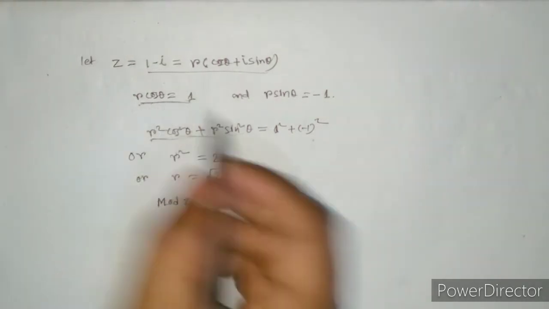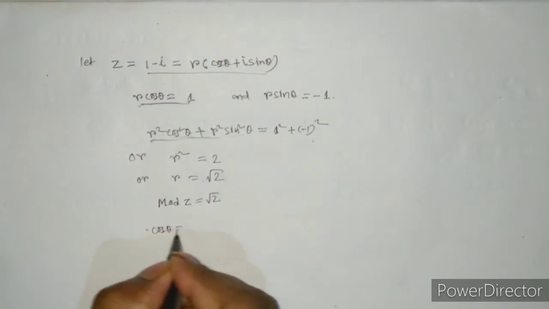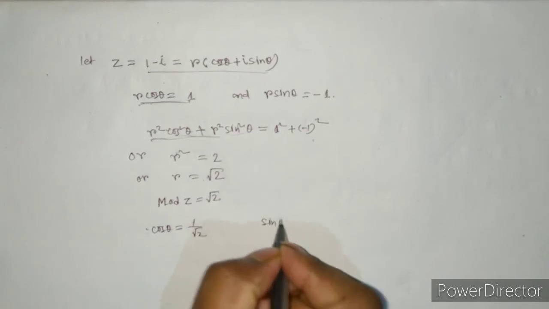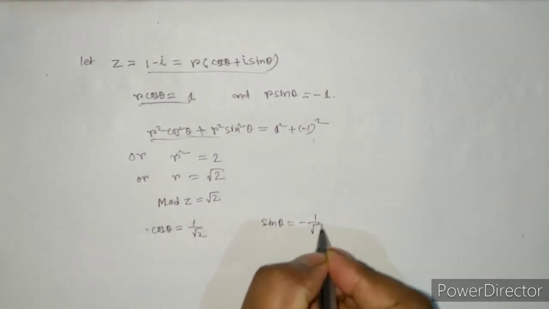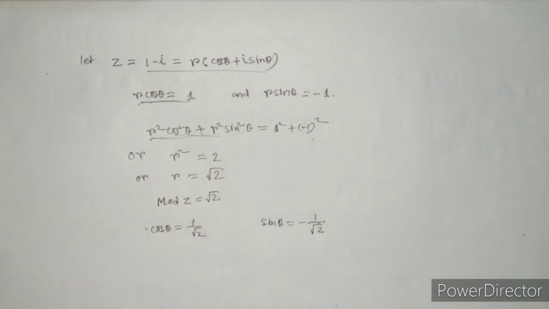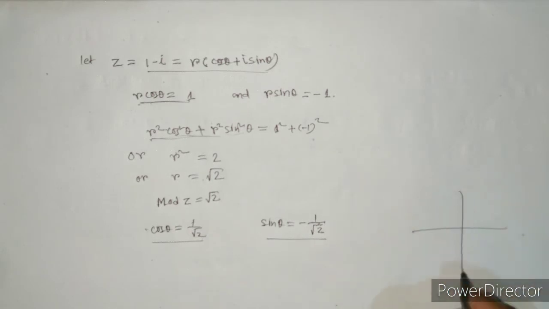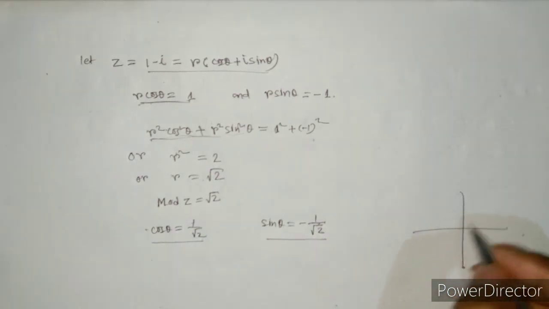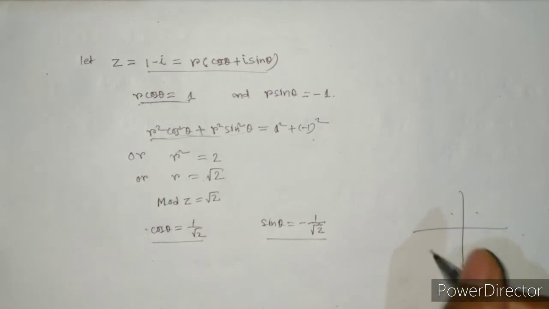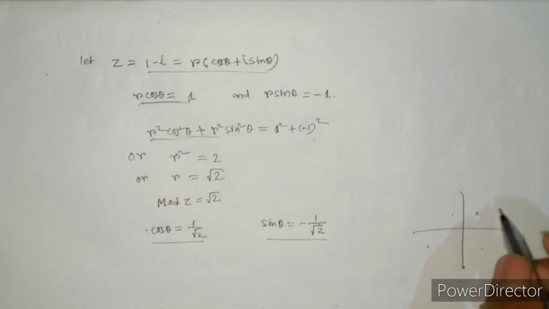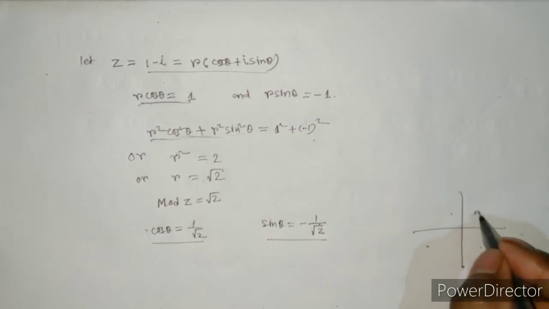So cos theta equals 1 by r, that is 1 by root 2, and sin theta equals minus 1 by r, that is minus 1 by root 2. Now you have to find theta which satisfies these two relations. Here we see that cos theta is positive and sin theta is negative. We know that there are 4 quadrants: first quadrant, second quadrant, third quadrant, fourth quadrant. In the first quadrant, all trigonometric ratios are positive.